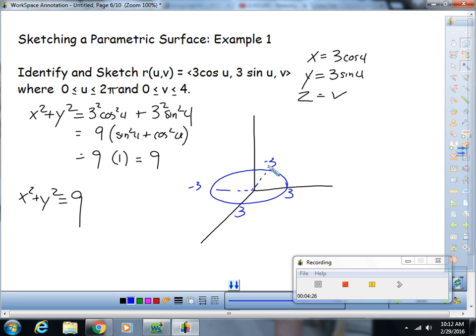Not the best perspective there, but anyway. And then z goes from 0 to 4. So we know that u is going from 0 to 2 pi, and v goes from 0 to 4. However, z equals v, so it's going to go up 1, 2, 3, 4.